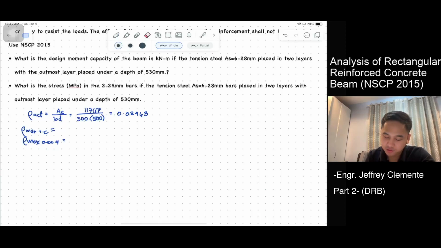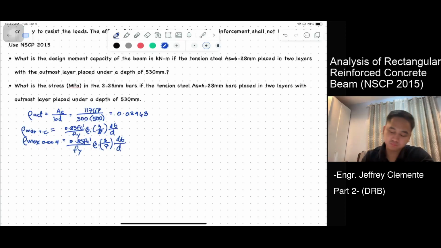Sa rho max ng tension controlled, we have 0.85 f'c over fy multiplied by beta 1 times 3 over 8 times dt over d. Dito naman 0.85 f'c over fy beta 1 times 3 over 7 times dt over d.